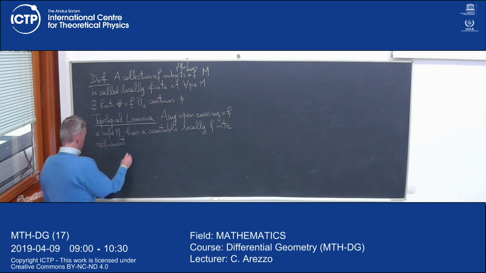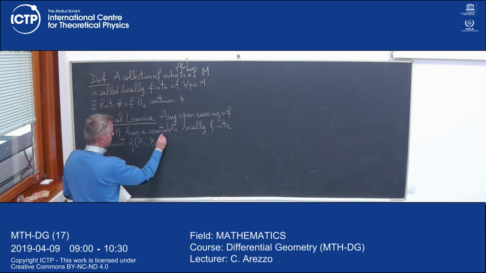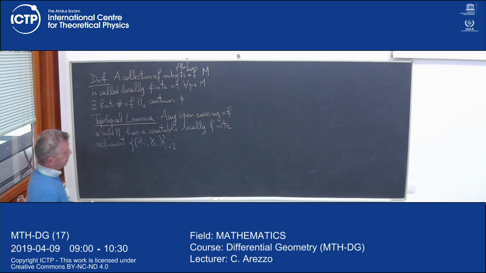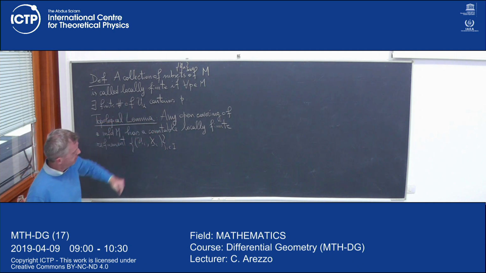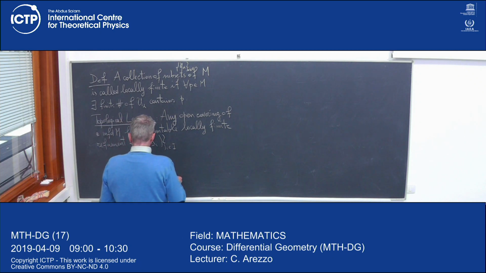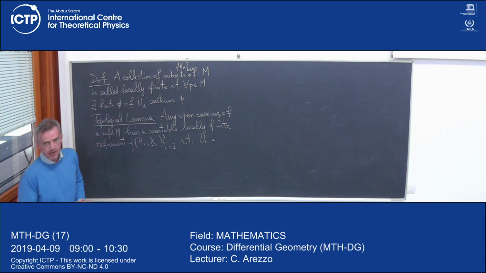And now I give names: U_i, x_i. These are charts, since I'm assuming this is a manifold. So these are very special families of coverings, the ones given by charts, such that U_i, you can think, is a domain of R^n.